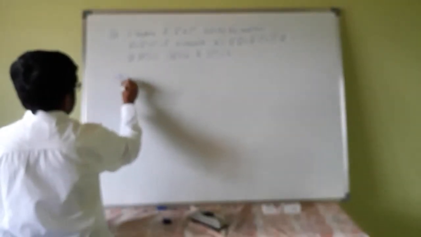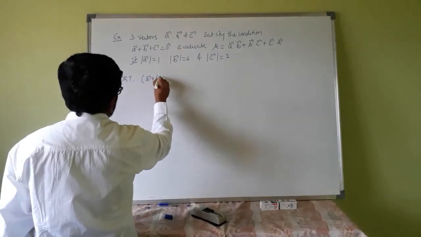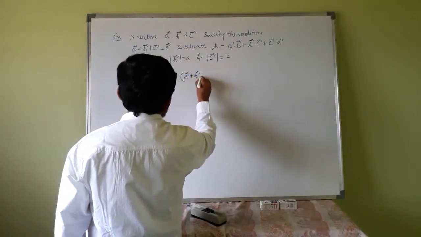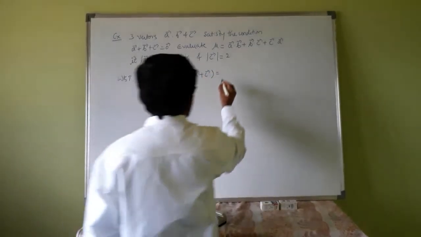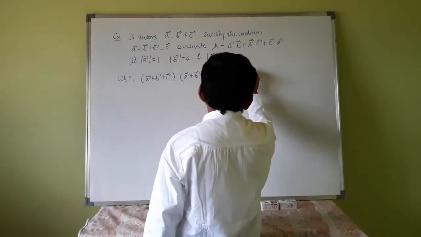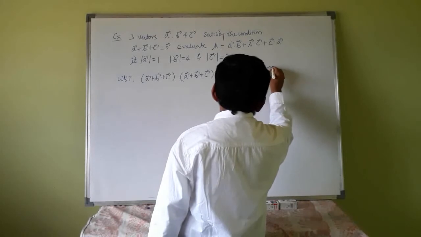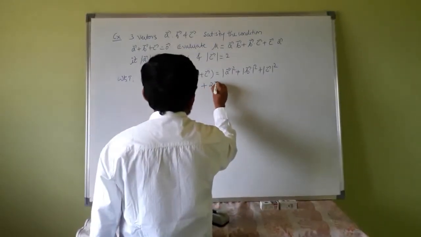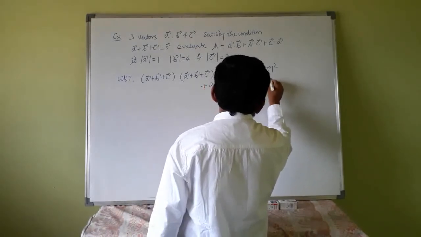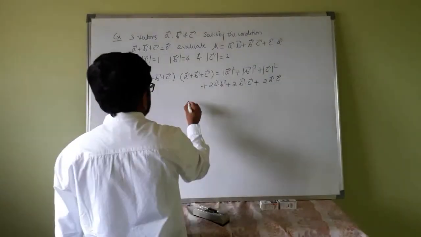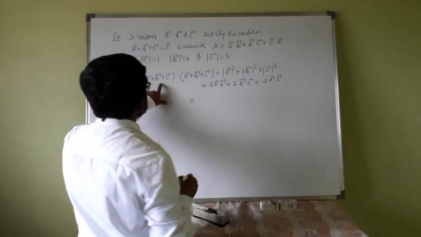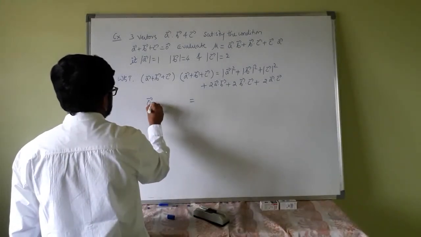We know that A plus B plus C dot A plus B plus C is equal to A square plus B square plus C square plus 2A dot B, 2B dot C, 2A dot C. That is equal to, A plus B plus C is 0, 0 dot 0 vector means that is 0.